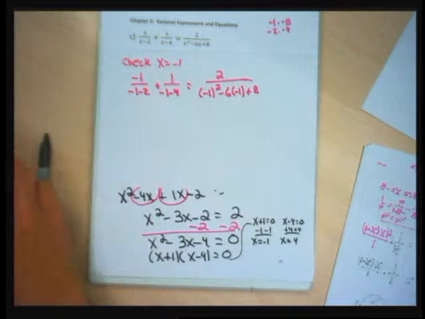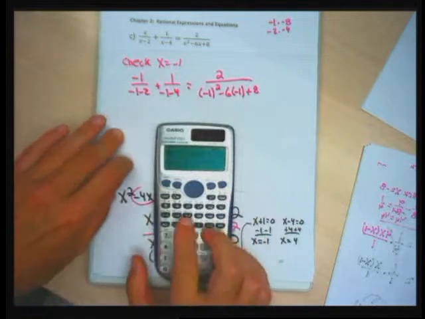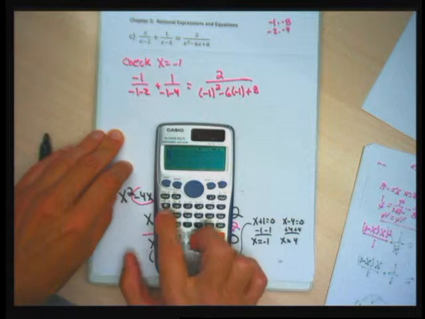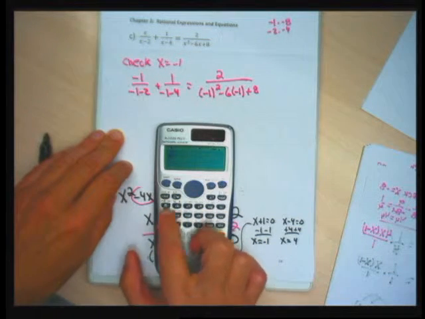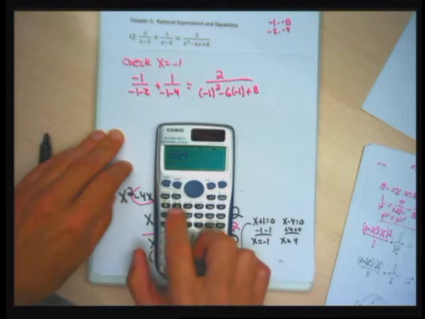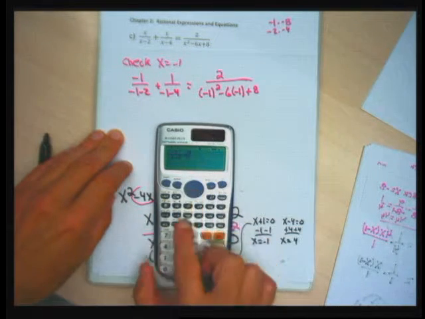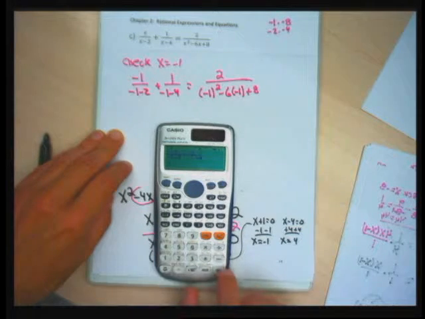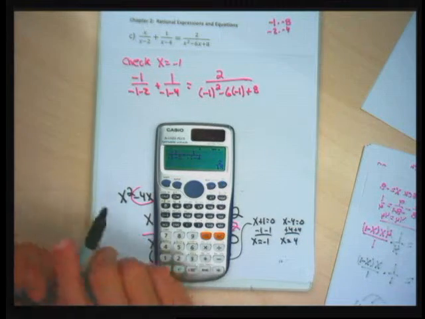Check each side separately. Left side, fraction negative 1 over negative 1 minus 2 plus fraction 1 over negative 1 minus 4, and I get 2/15.